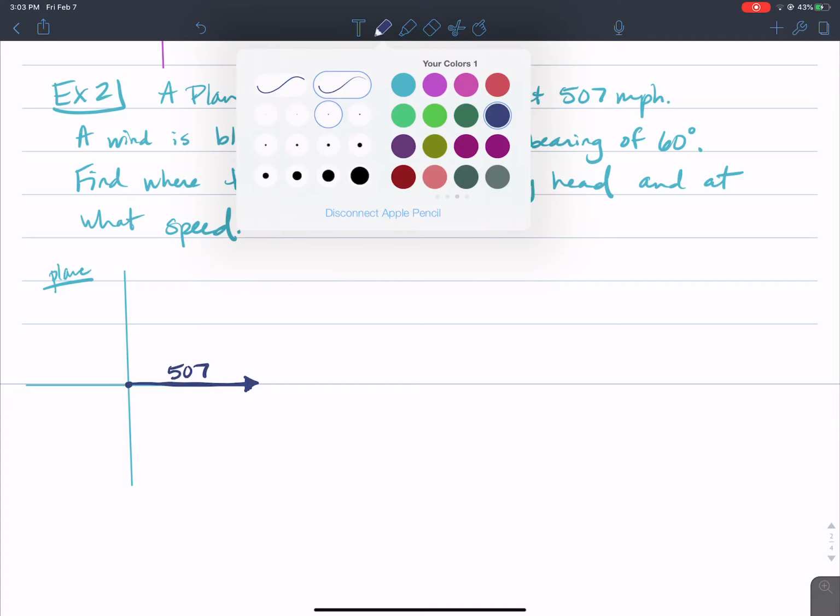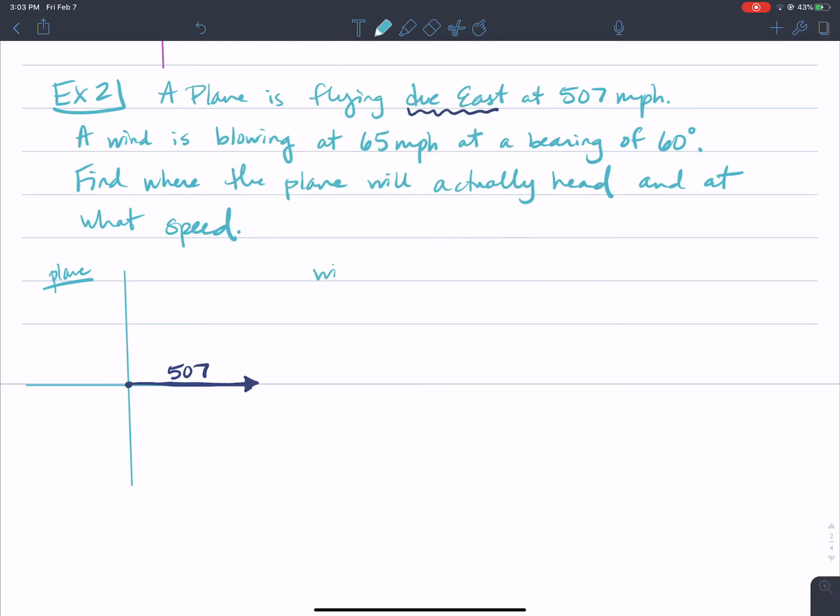Now there's a wind, so I'm going to draw another picture for the wind. It's a bearing of 60. The wind is not that big, so my vector should be smaller. But the wind is going 60 degrees, so from here to here should be 60, and the magnitude of that is 65.